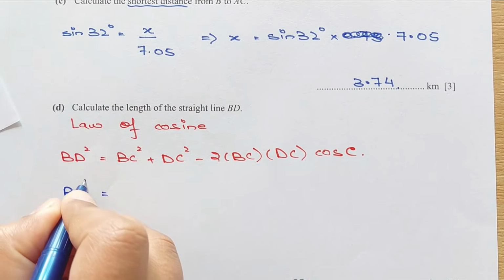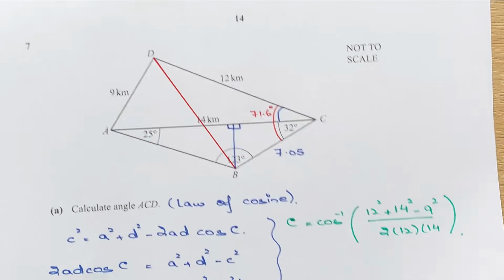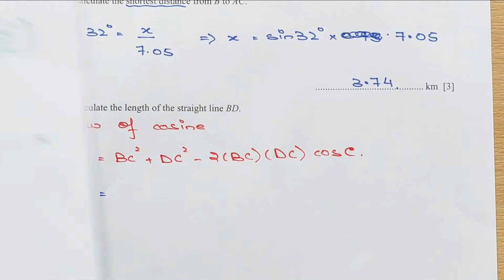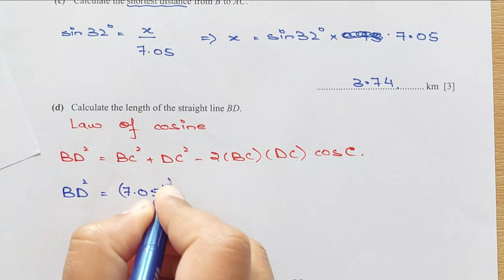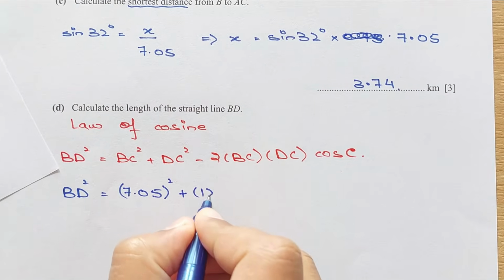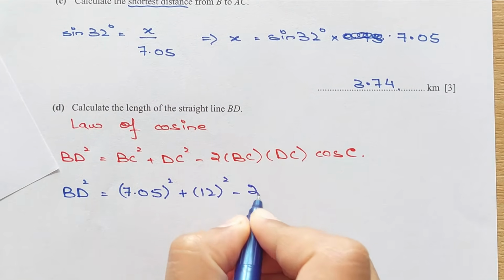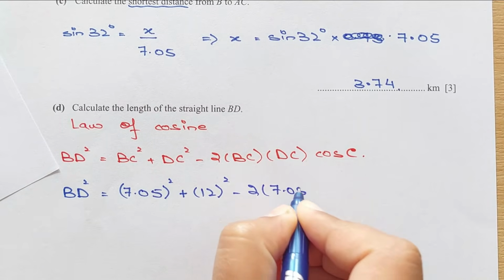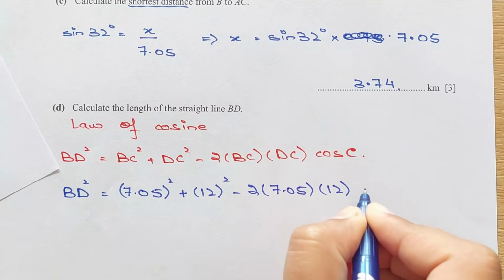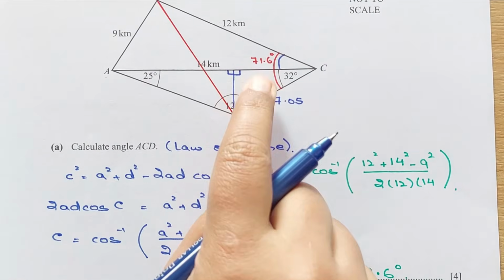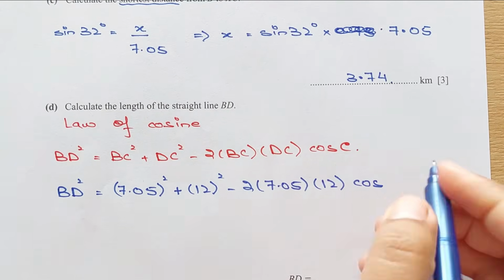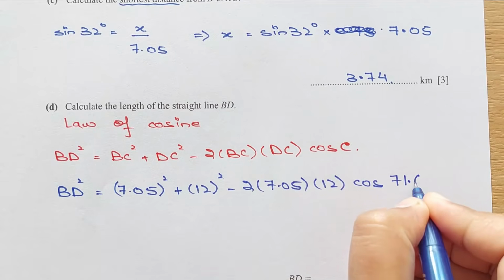Now let me substitute the values. BD square is equal to BC. As you can see, we have BC 7.05, 7.05 square plus DC. D to C is 12 kilometers, so 12 square minus 2 times 7.05 times 12 and cos of the whole angle C, that is 71.6 degrees.